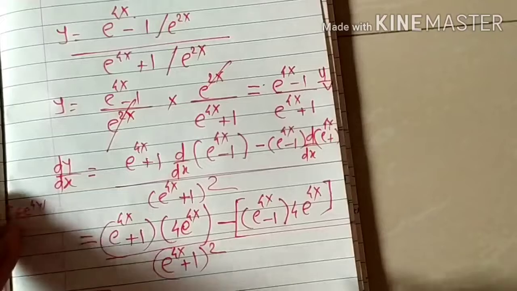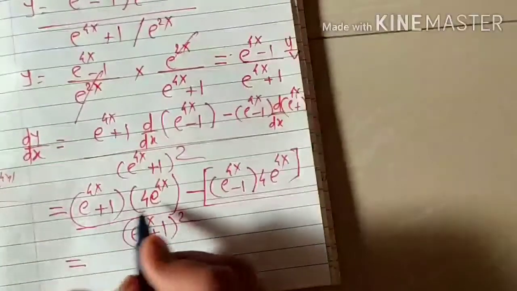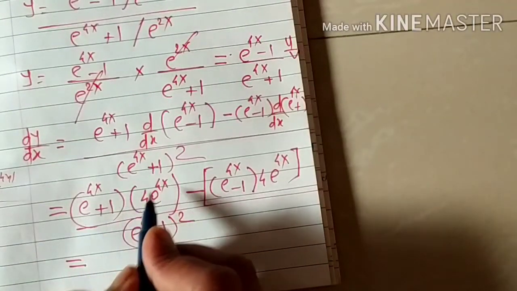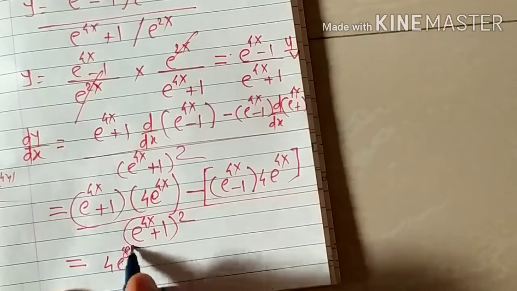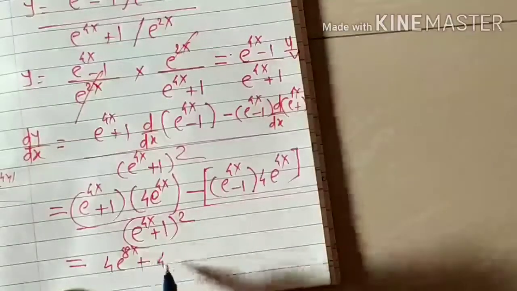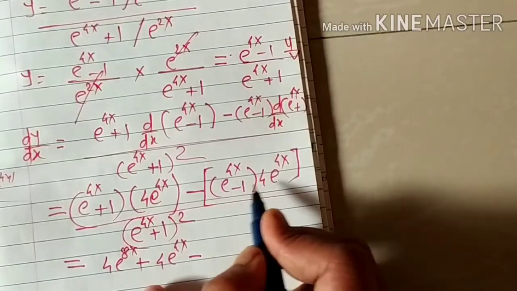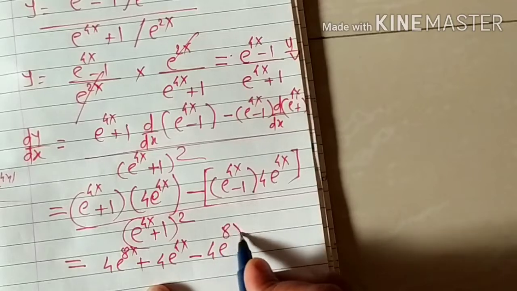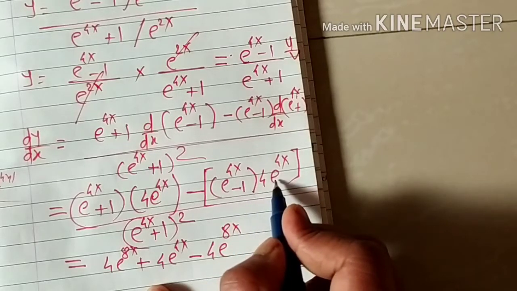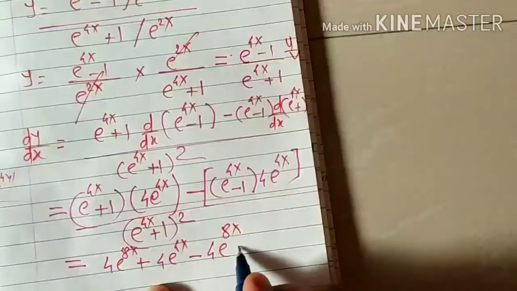Then simplify this numerator term, 4 into this e raised to 4x, e raised to 4x, e raised to 8x, means 4 e raised to 8x plus 4 e raised to 4x, minus, multiply inside this 4 e raised to 4x, 8x, this minus 1 into minus 4 e raised to 4x and this minus plus.